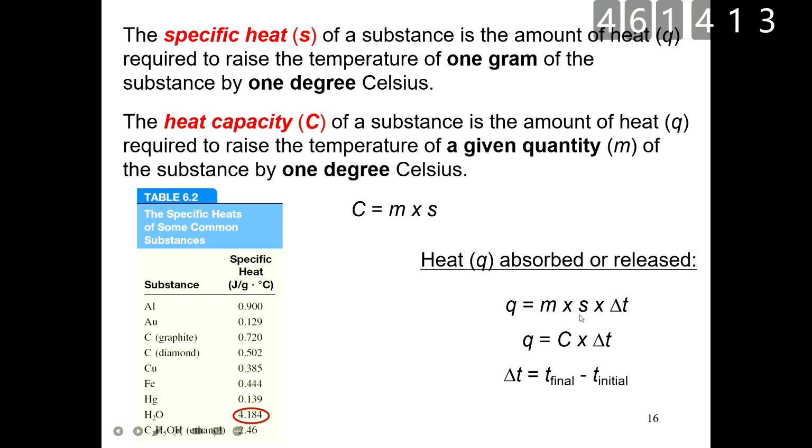We know specific heat is for 1 gram, but now it's not 1 gram, the mass is m. And delta T is the difference of the temperature, now also maybe not 1 degree. We can also say this ms is C. The temperature change is the final minus the initial.